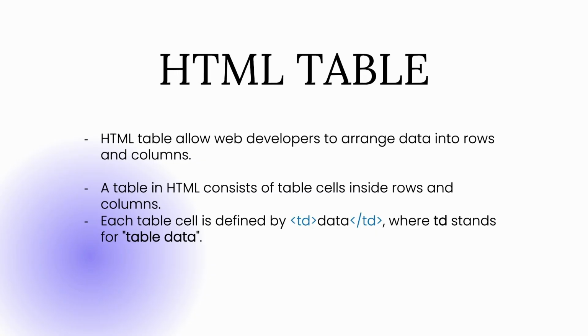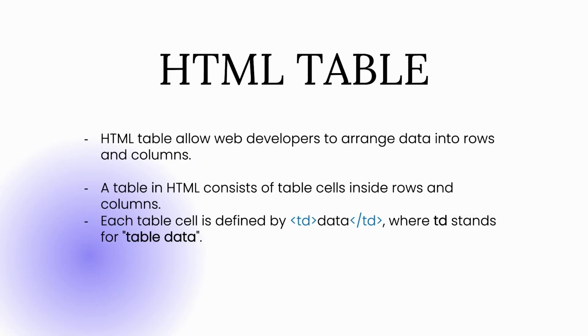So how do you define a table in HTML? Well, a table in HTML consists of table cells inside rows and columns, and each table cell is defined by a TD start and end tag, which stands for table data. A table cell can contain all sorts of HTML elements such as text, images, lists, links, etc. In simple words, we can define an HTML table by using the table tag, and inside it we use the tr tag for defining table rows and the td tag to define table data.